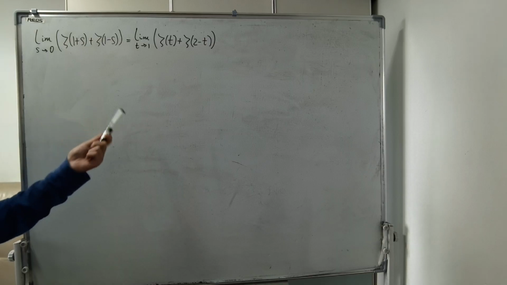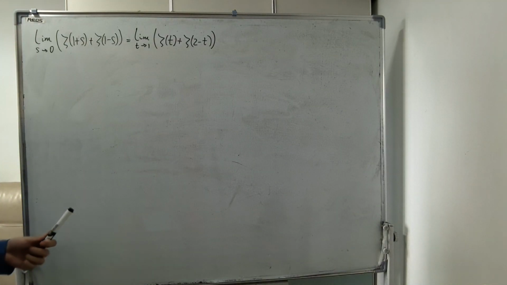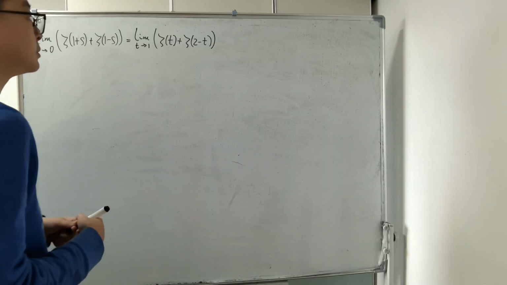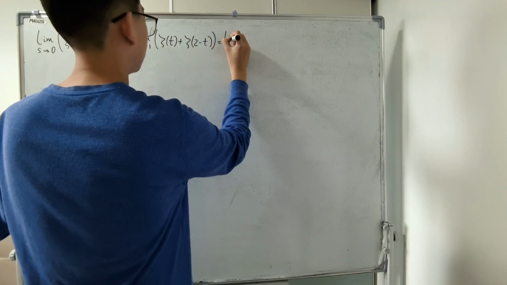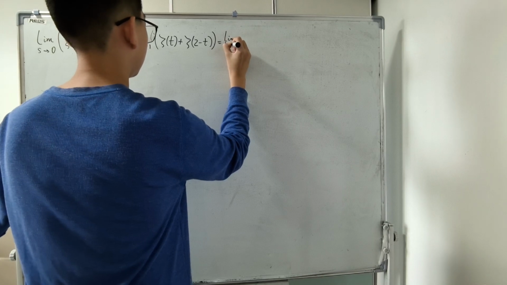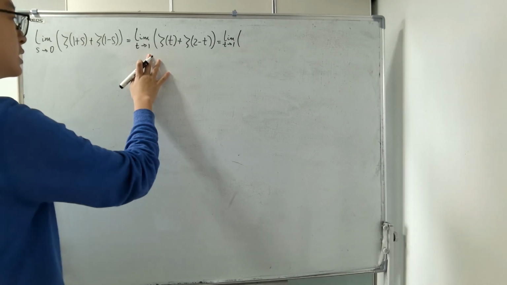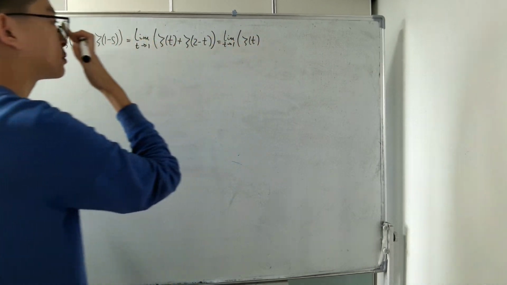So what we're actually going to do is remove the singularity. We're going to add something and then subtract something, such that we can split this up into 2 reasonable limits. So we're going to add on and subtract from this limit 1 over t minus 1. We have zeta of t. Let me think if this is plus or minus.